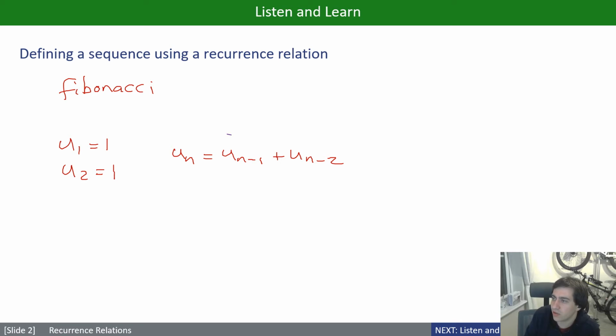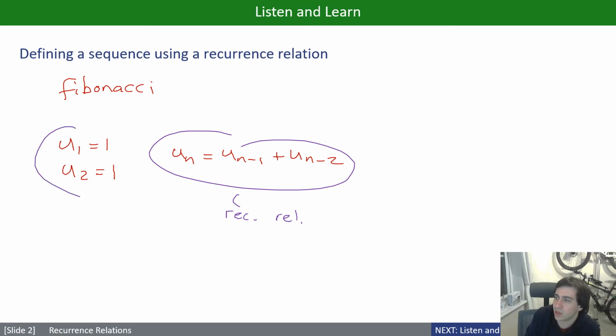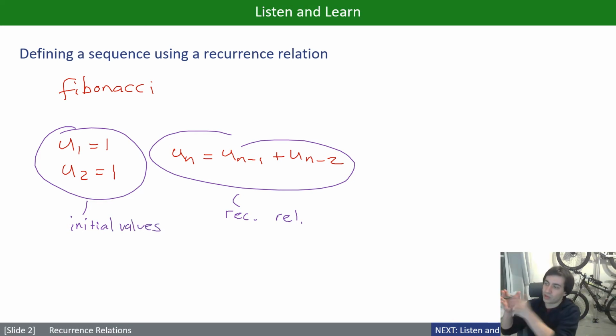Okay, this bit here, that's the recurrence relationship, and this bit here is the initial values. And because the Fibonacci sequence looks back 2 values into the past, you have to specify 2 initial values to start with, otherwise it's not going to work.